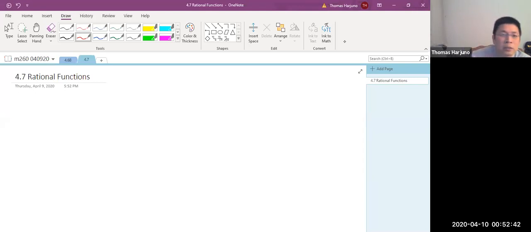Okay, let's see what is a rational function. Let me use R(x) for a rational function. Let R(x) be a rational function.